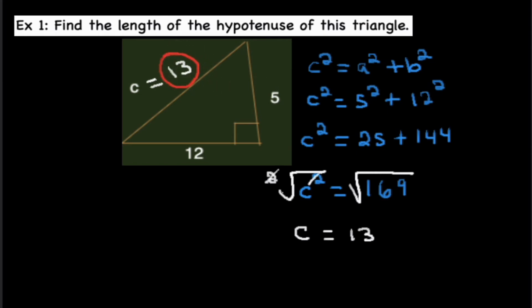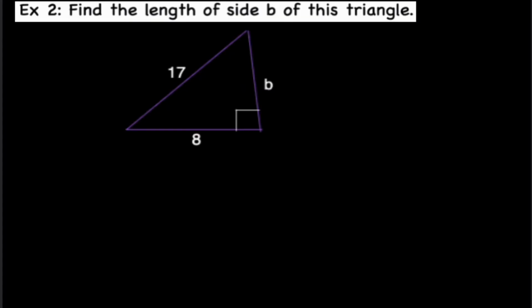All right, so now let's work out another example. For this example, we have to find the length of side b of this triangle. So let's go ahead and do that. Let's first use the formula c squared equals a squared plus b squared.